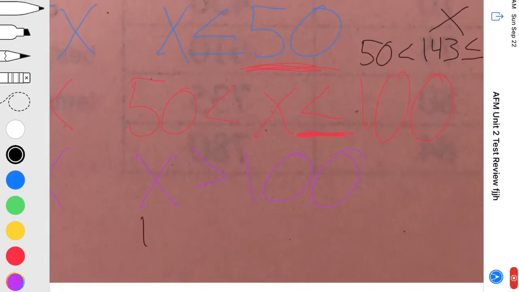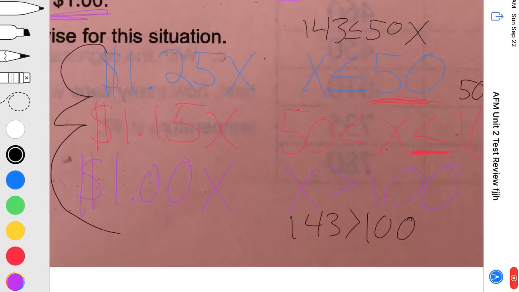Step 3, is 143 greater than 100? Yes. So this is the step that we're using. We're using step 3, which is $1 times however many pieces we're buying.